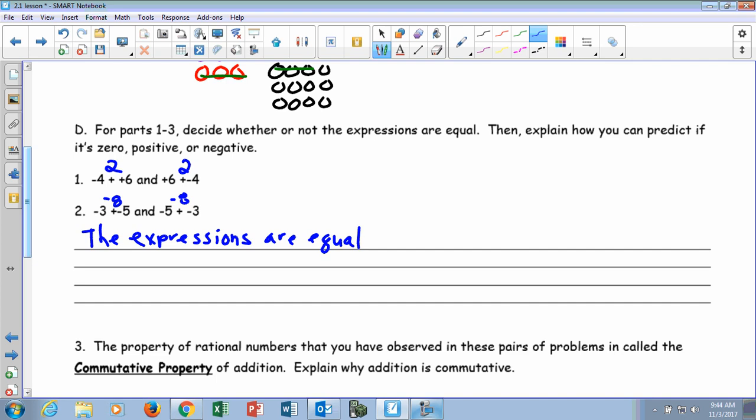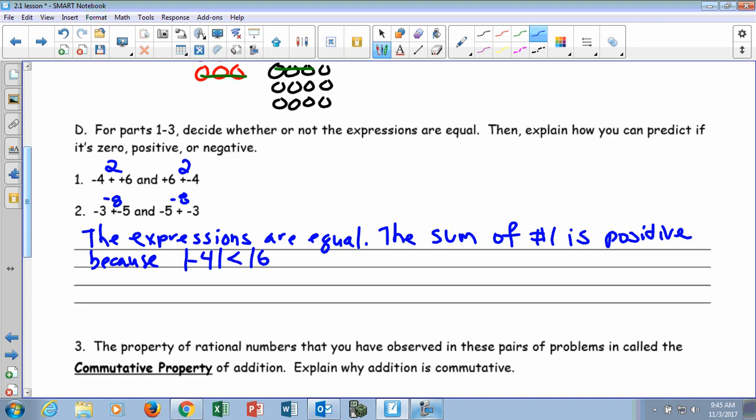All right. So again, in the first one, the sum of number one is positive because the absolute value of -4 is less than the absolute value of 6.